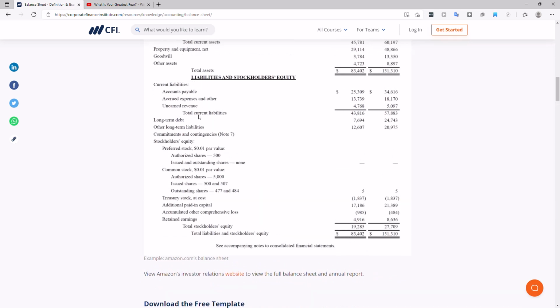Once again, they break down long-term liability, but they don't tell you all of it. So what you could do is, since they don't tell you the total, you can go here at the bottom, it says total liabilities and stockholder equity. If you know what stockholder equity is, which is about 19 million, the rest of the total liability and stockholder equity is 83.